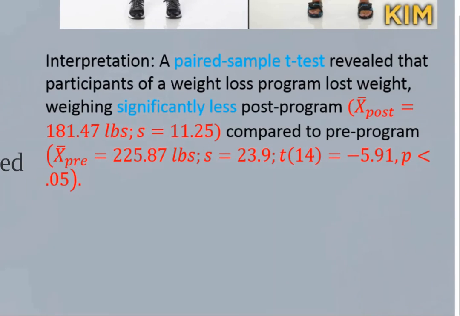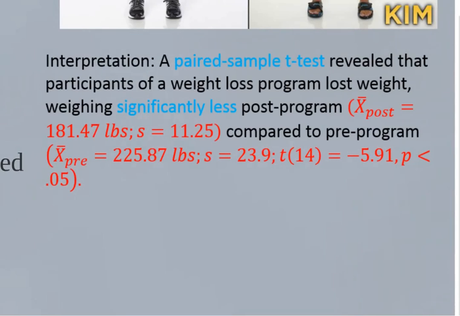So how I would write this is something to the effect of, a paired sample t-test revealed that participants of a weight loss program lost weight, weighing significantly less post-program compared to pre-program, right? The two pieces in blue highlight what type of test we used, that it's significantly less, and which scores were significantly less.